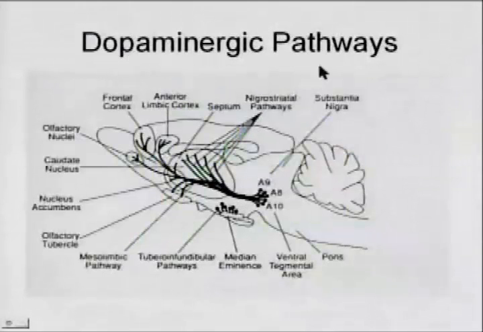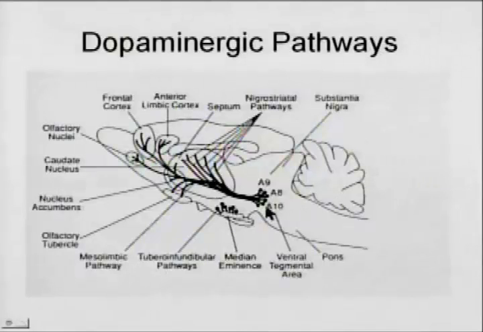Here are the dopaminergic pathways, and I want you to recognize this nomenclature of the A. It originated, I guess, as aminergic, monoaminergic, so all three catecholamine systems are labeled A. So there's A8, A9, and A10.